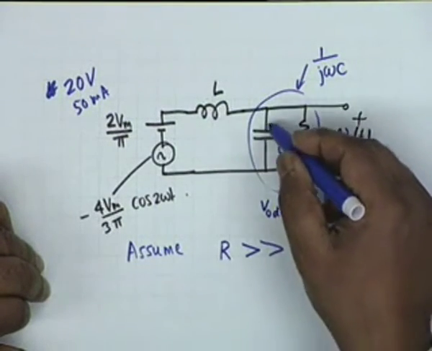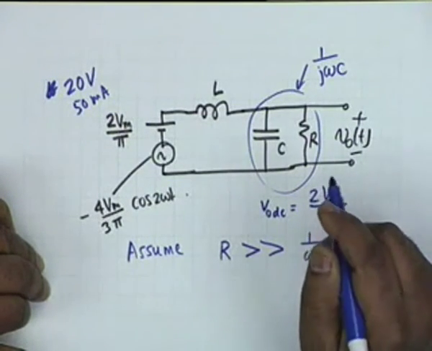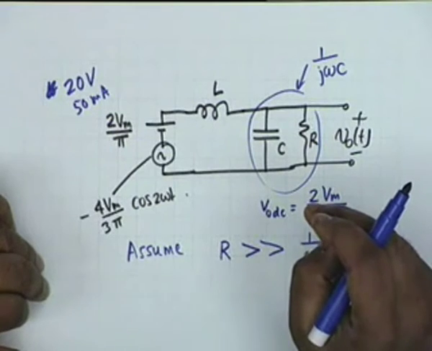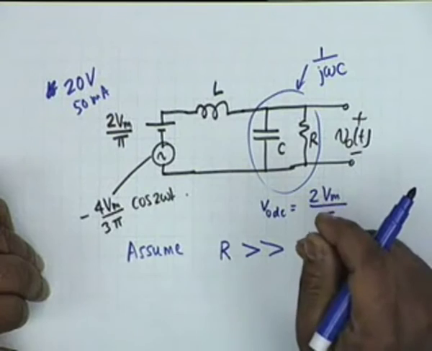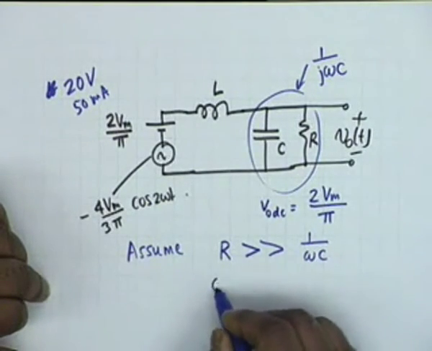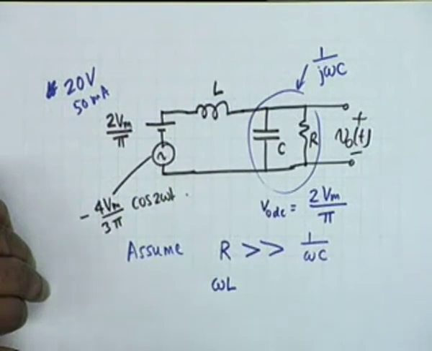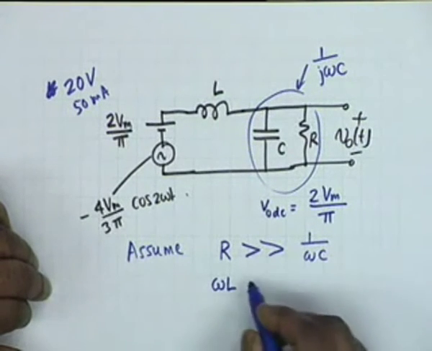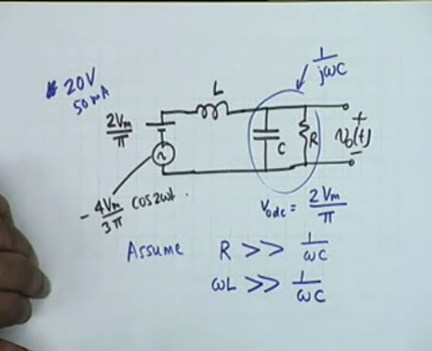Then your capacitor must be so chosen that its impedance 1 by omega C is at the most 40 ohms, not more than that, 40 ohms at 50 hertz, alright. Then also assume that omega L, that is the impedance of the inductor at the power frequency, is much greater than 1 by omega C. This is also to be satisfied in practice.